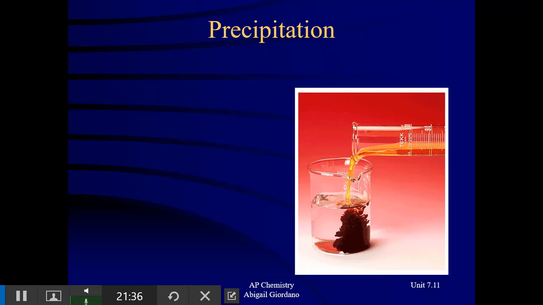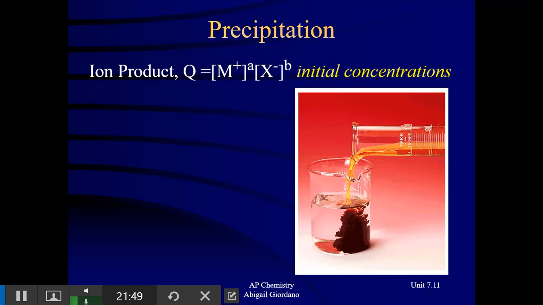But the point is, you have to be able to look at numbers and identify whether a precipitate will form, yes or no. And the way you're going to do that is using something we're familiar with, calculating Q, okay? We've seen Q before. Remember, Q is sometimes called the reaction quotient.